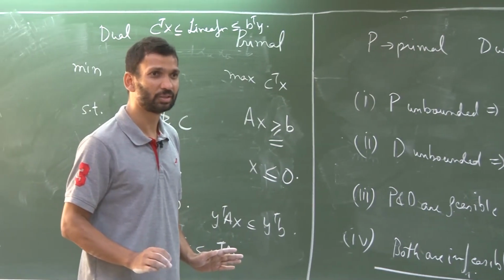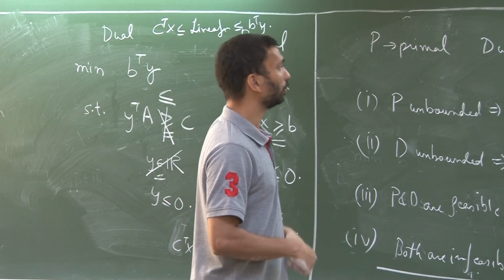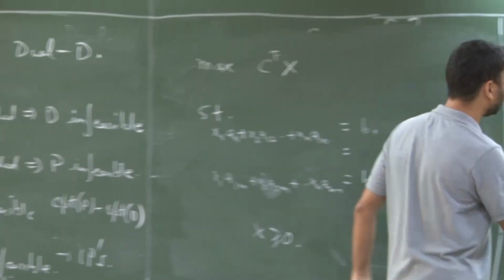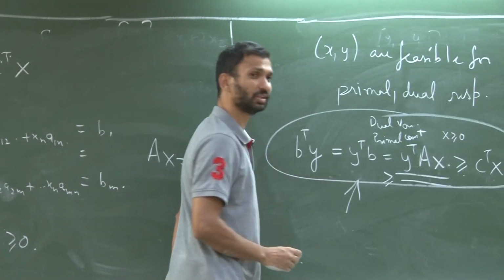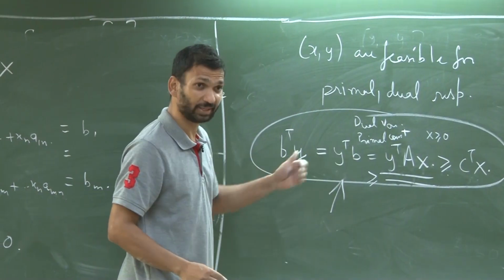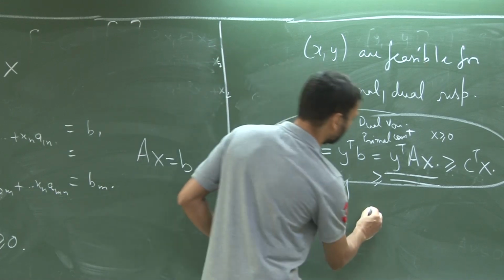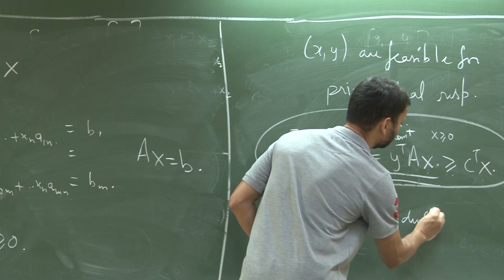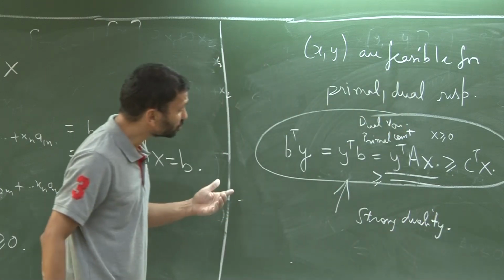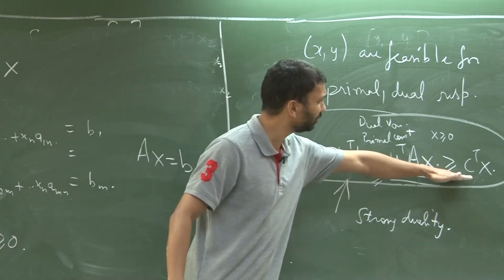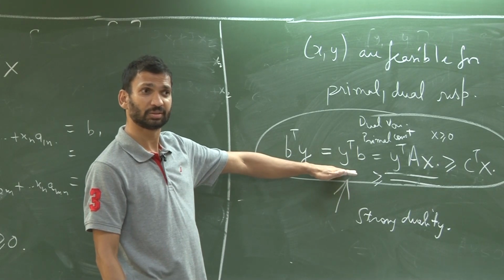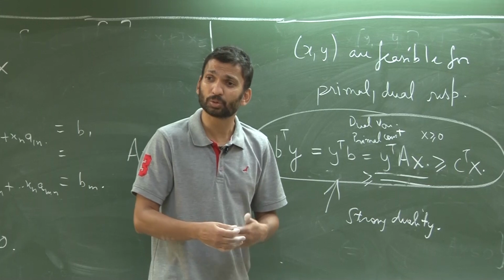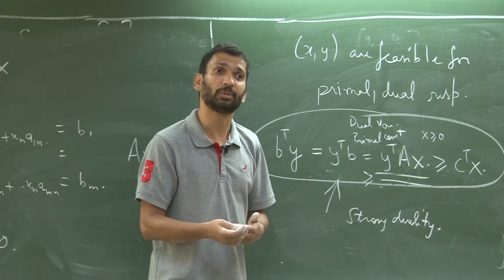Sounds good? So now we are going to see what this kind of equation gives us. First thing is equality can hold, that is strong duality. But if strong duality holds, that means everything is equal here. If everything is equal here, it tells you a lot about the primal and dual optimal solutions.